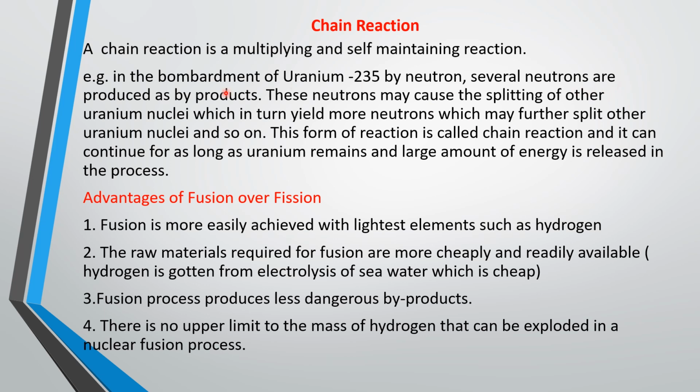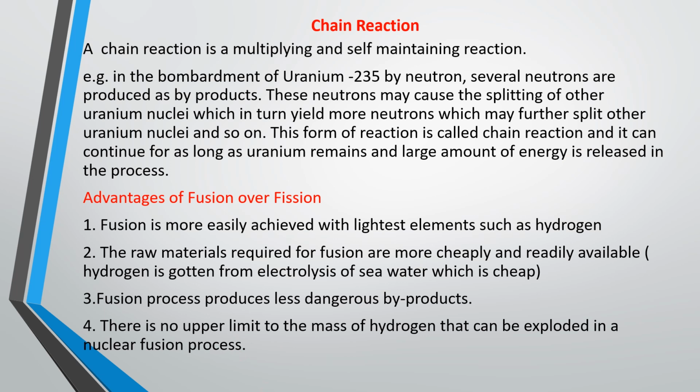Several neutrons are produced as byproducts. These neutrons may cause the splitting of other uranium nuclei, which in turn yield more neutrons, which may further split other uranium nuclei, and so on. This form of reaction is called a chain reaction.